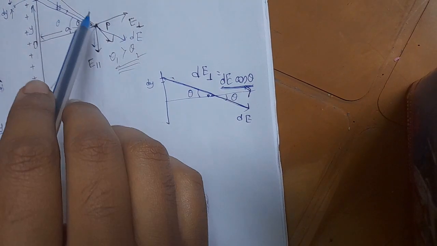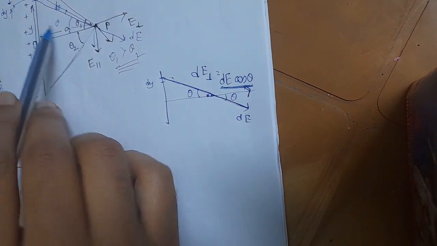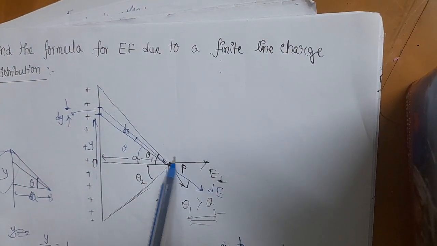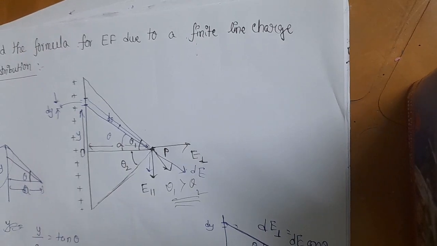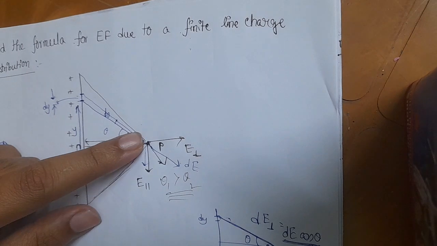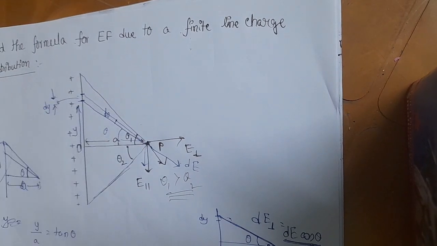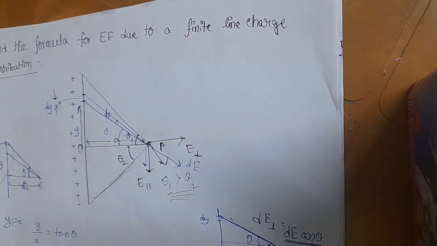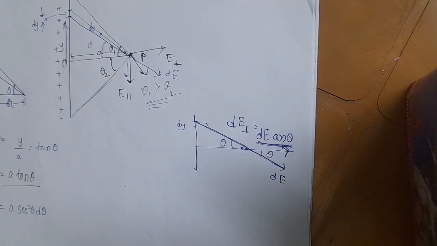One thing, the point P is not placed on the perpendicular bisector. I have not mentioned anywhere in the question that the point P is placed along the perpendicular bisector. Yes, it is placed along the perpendicular, I can assume, for any point on the wire, but the perpendicular is not necessarily the perpendicular bisector of this wire.